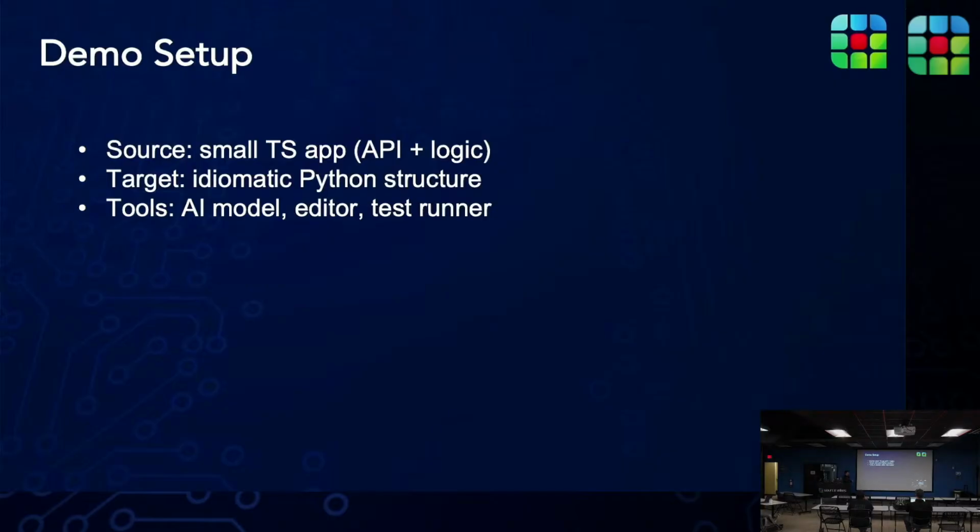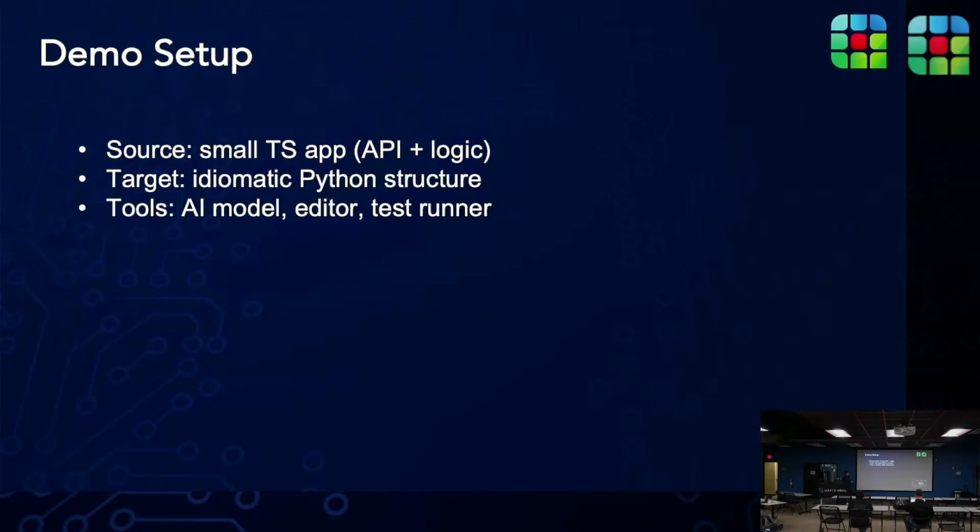Like I said, we have a small TypeScript application that we're going to convert to Python. Currently I'm using the Opus model, but I have other models, some of them with less success than others.